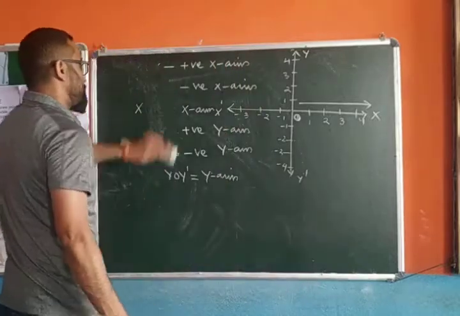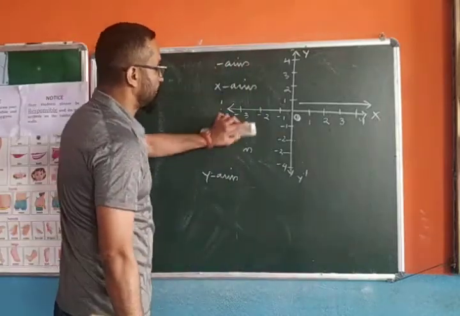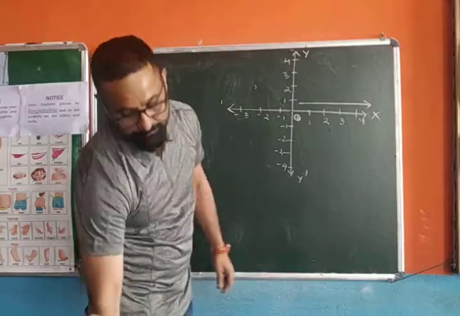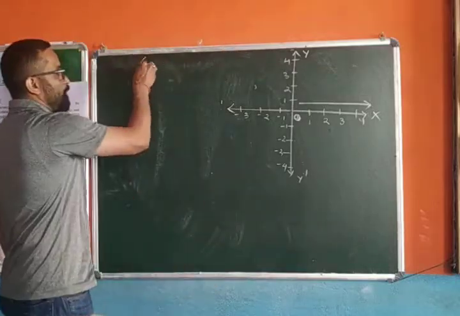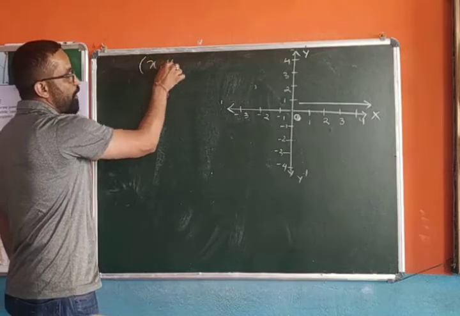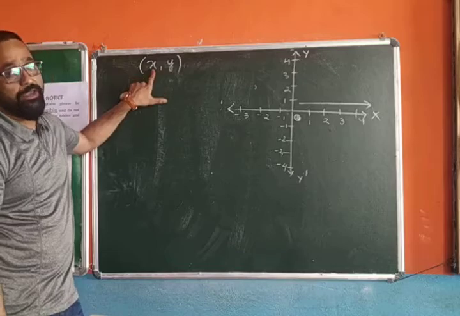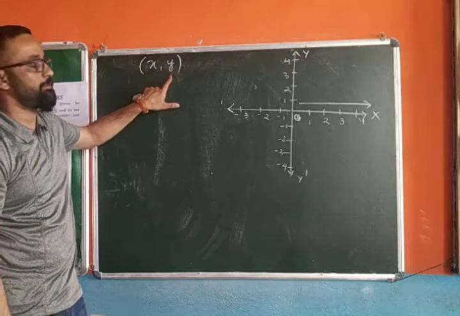You have to remember some more important terms. When we write an ordered pair, we write it in terms of (x, y), first member and second member. In terms of the Cartesian system, the first member x is called the abscissa and the second member y is called the ordinate in the ordered pair.